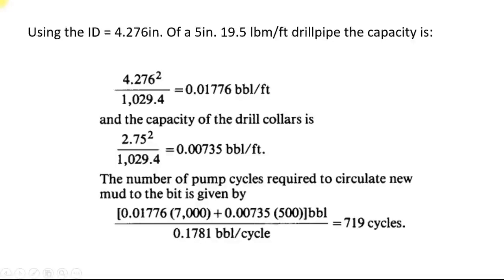Finally we sum them and divide by the pump factor, and we get the answer: 719 cycles. These are the cycles the pump has to work to put mud from surface to the bottom hole.